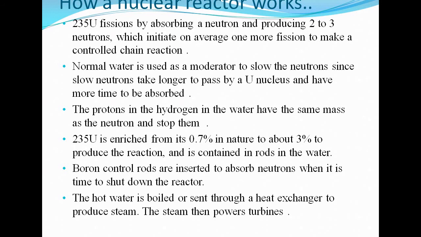That's why boron control rods are inserted, which will absorb all neutrons. So the chain reaction will stop. Then the hot water is boiled or sent through a heat exchanger to produce steam. The steam then powers the turbine that we have seen.